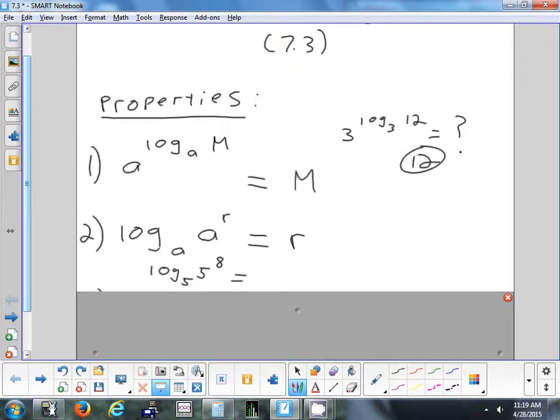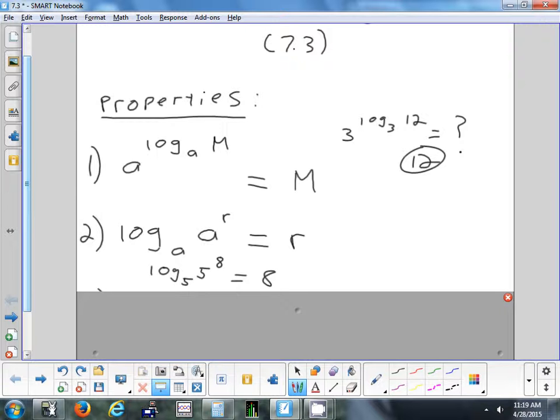Those two things are matching up, like I have here, log base 5 of 5. When those match, they cancel out. And the answer is that exponent right there. So what would be the answer to this one? 8.